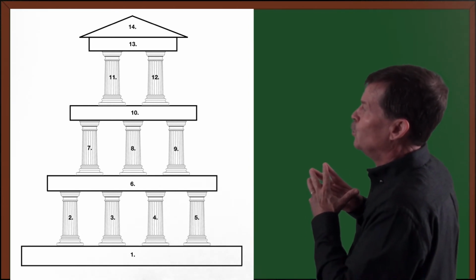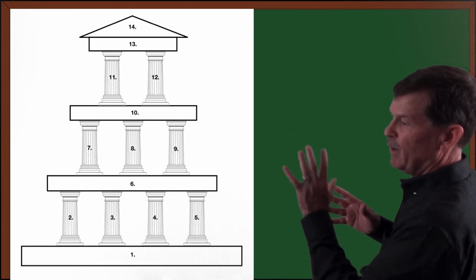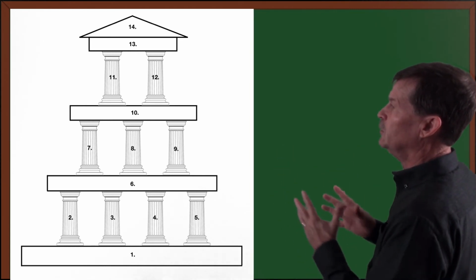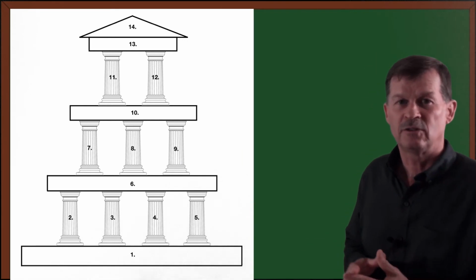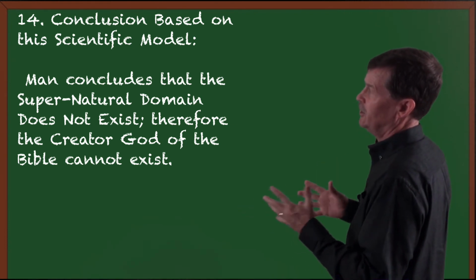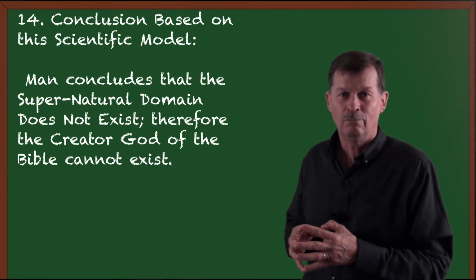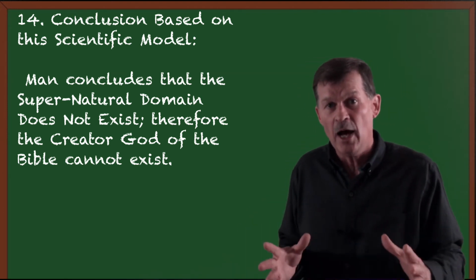Well, looking down a floor or two and looking out from the balcony or sitting on the roof, man concludes that the supernatural domain does not exist. God does not exist. Therefore, the Creator God of the Bible cannot exist. That is man's conclusion, and that is the conclusion of this house.